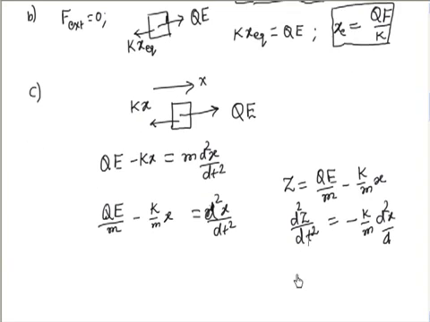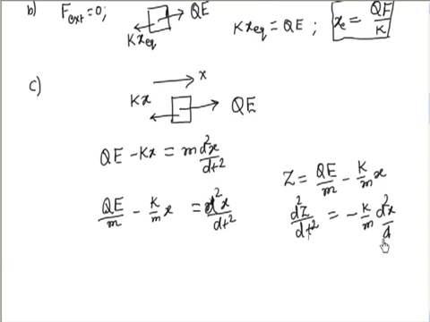Are you getting it? I think all of you are understanding. Now if I plug this value in, this whole term is z. So z is equal to QE minus Kx over m, and this is d2x by dt square. So this is minus m by k. You can calculate yourself. So this term is equal to minus m by k d2z by dt square.